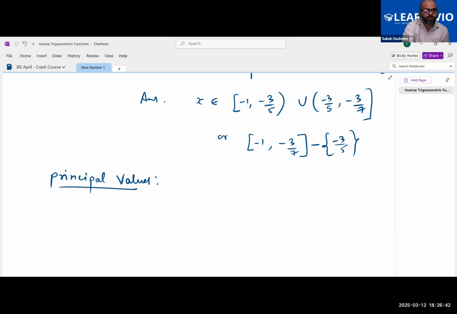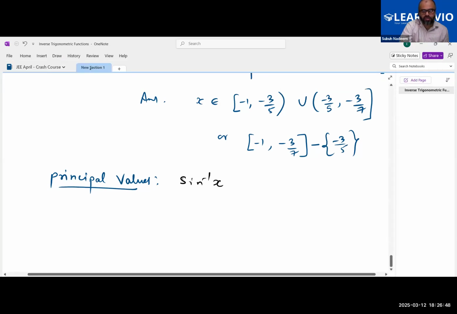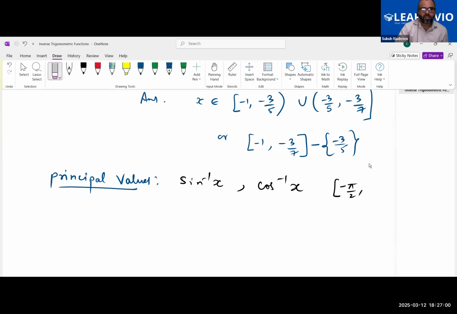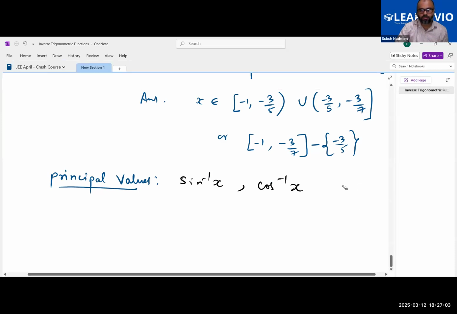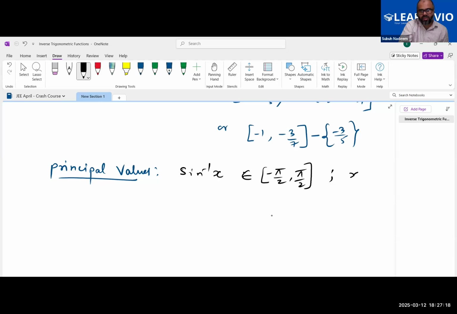For sine inverse x and cos inverse x: sine inverse x belongs to -pi/2 to pi/2, and x is between 1 and -1. Cos inverse x belongs to 0 to pi.